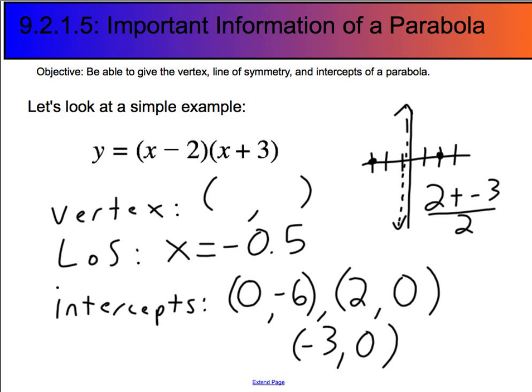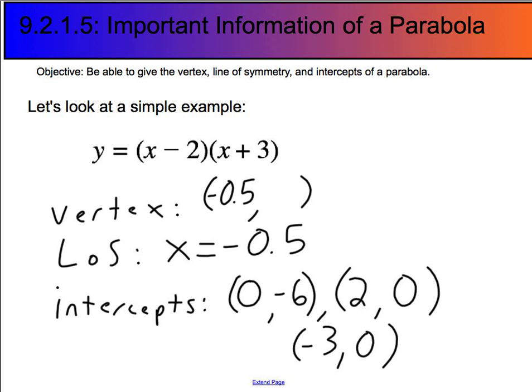Now, another thing I know about the middle is that's where the vertex is. So the x-coordinate of the vertex is the same. I'm going to erase my work from the previous step. The only thing I have left is I have to figure out the output, the y value of the vertex. But I have an equation, so whether it's on my calculator or just by hand, I can find the output by plugging in.